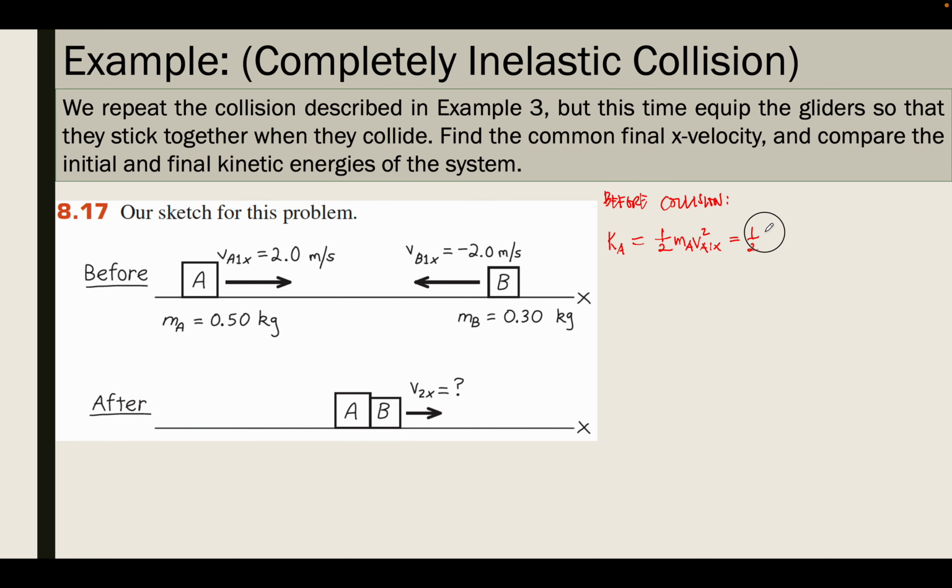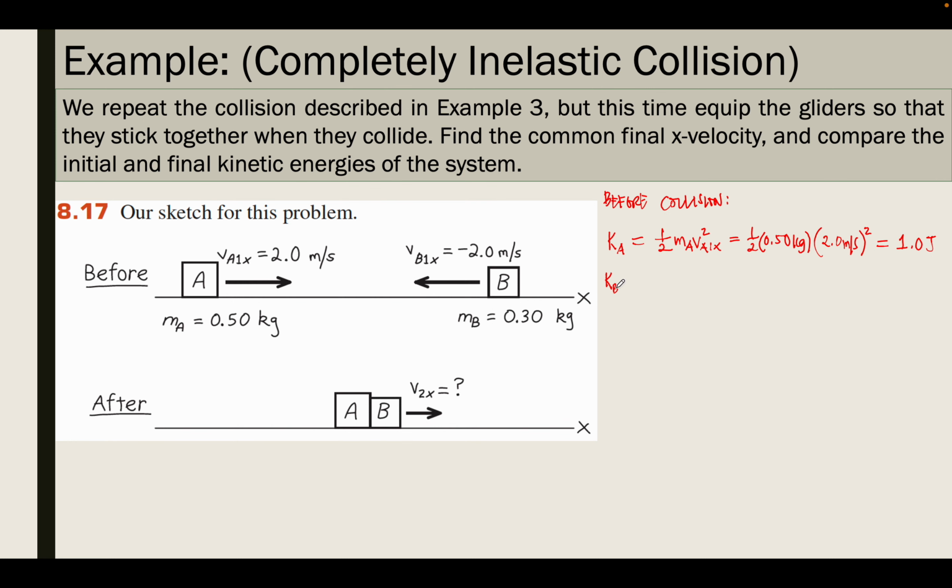So we have 1/2 times MA is 0.50 kilogram times VA1x squared, or 2 meters per second quantity squared, which, if we calculate this one, we will arrive at 1 joule. Okay, so again, always remember the unit for energy is the same as the unit for work, which is joule or joules.